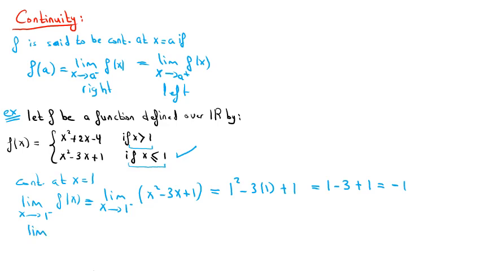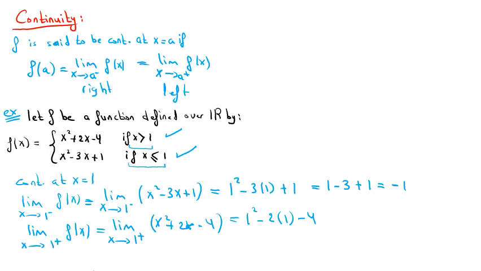Limit as x tends to 1 plus, we will substitute 1 in the first equation: limit as x tends to 1 plus, where 1 plus is x greater than 1, of x squared plus 2x minus 4 equals 1 squared plus 2 times 1 minus 4, 1 plus 2 minus 4, equals minus 1.